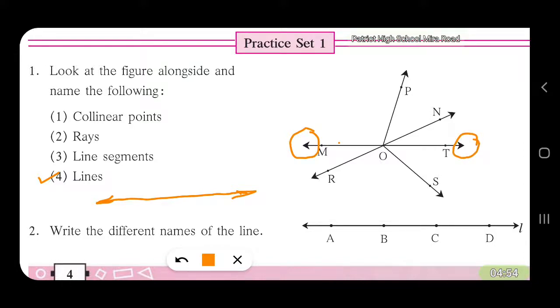So if you call this line A, then line A is the line. And this particular RN is also having arrowheads at both the ends. So it is also a line. You can call this line B, line A and line B.